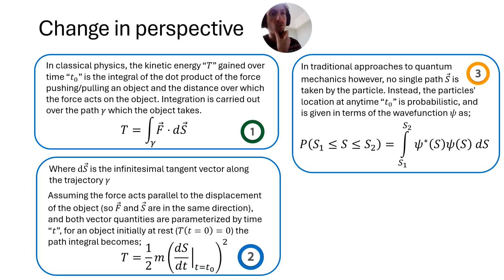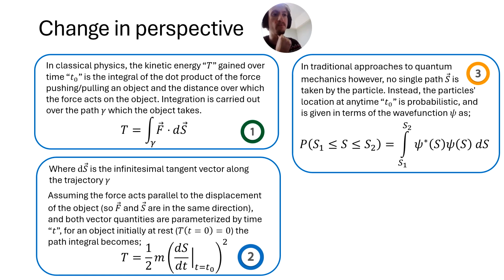Now, we can't quite take this notion of kinetic energy and apply it directly to a particle treated quantum mechanically. And that's because in traditional interpretations of quantum mechanics, at least, I mean, the pilot wave theory is an exception to this, but in traditional interpretations of quantum mechanics, particles do not follow a well-defined path.